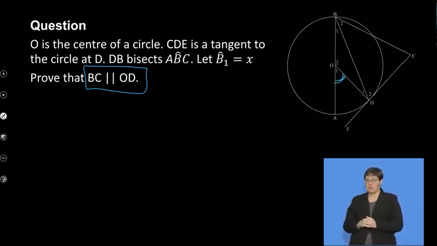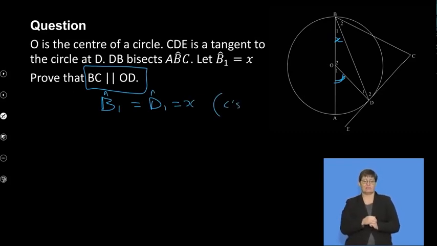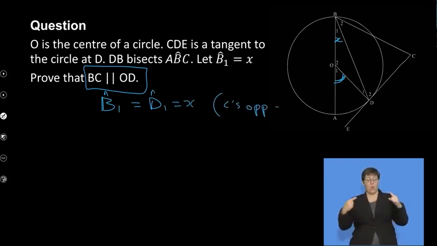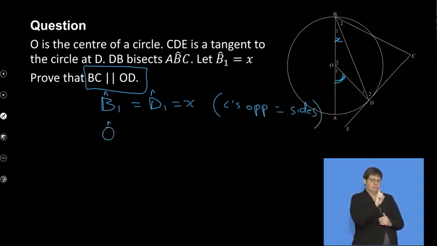Firstly, we know that B1 is x, right? So I will then quickly say B1 is equal to D1, and this is equal to x, and this will be angles opposite equal sides, right? And then I also know that O1 will be equal to 2x.